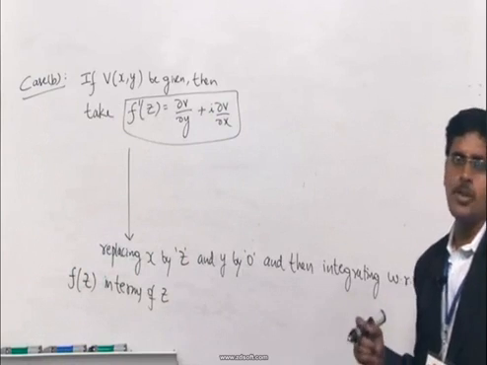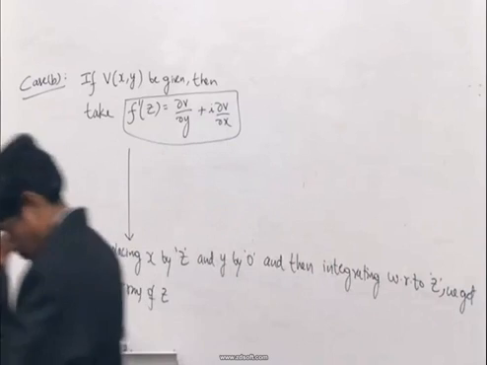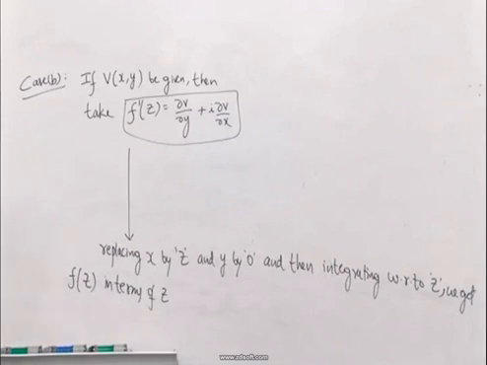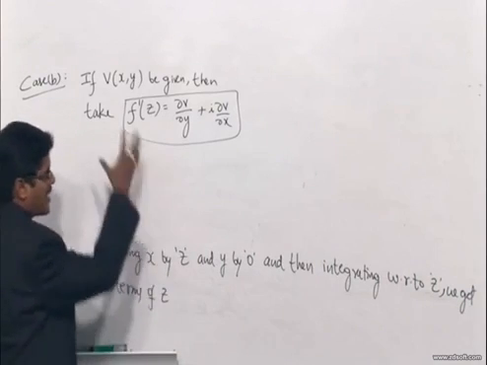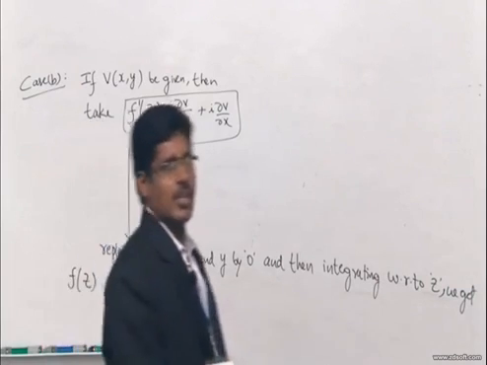Similarly, in this case, one example I am going to do, the other example you do later. Just write what I gave in the last two sentences of case A here also, all of you. Replacing x by z and y by 0 and then integrating with respect to z, we get f of z in terms of z.